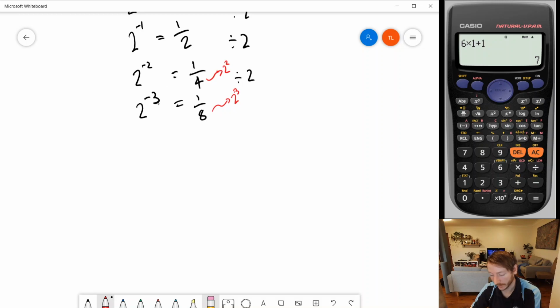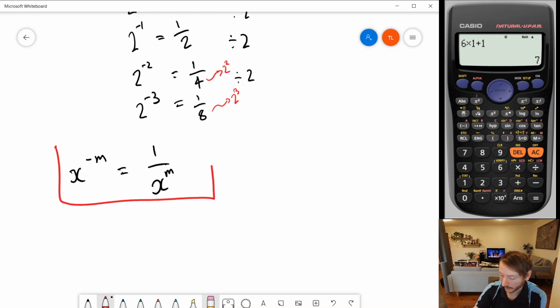And instead of negative 3, 1 over 2 cubed. That means we can write the law that looks like this. x to the power of negative m equals 1 over x to the positive m. That's the law that we're looking at today.